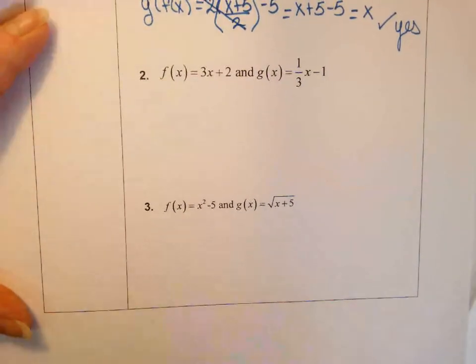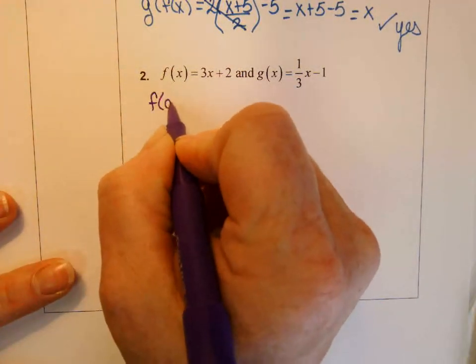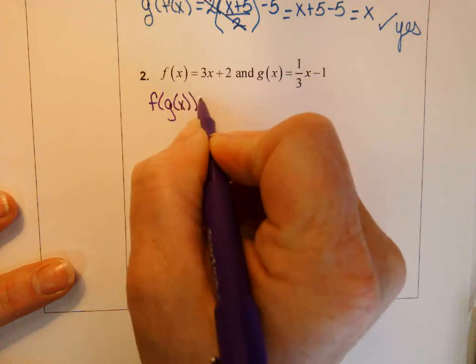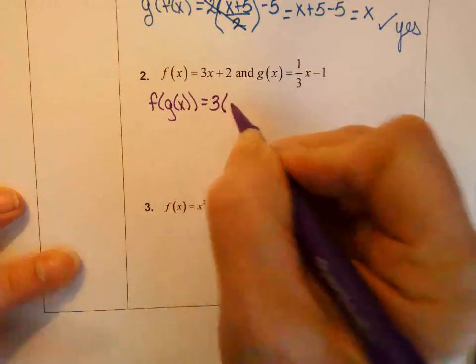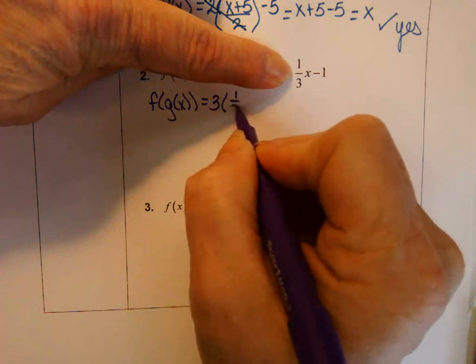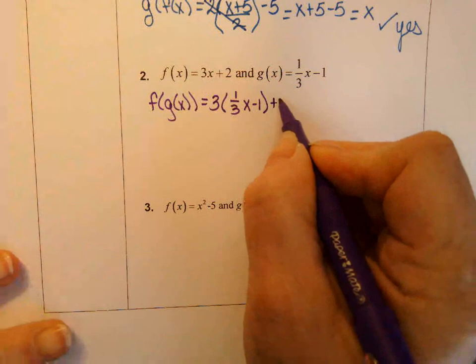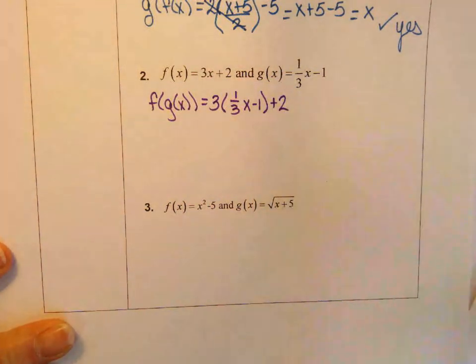Let's try the next one. F of g of x. So 3, replacing x with all of this, 1/3 x minus 1. Don't forget to add your 2 at the end.